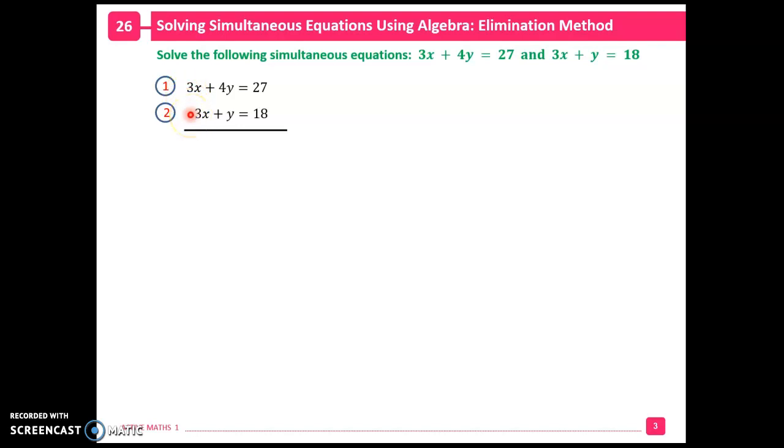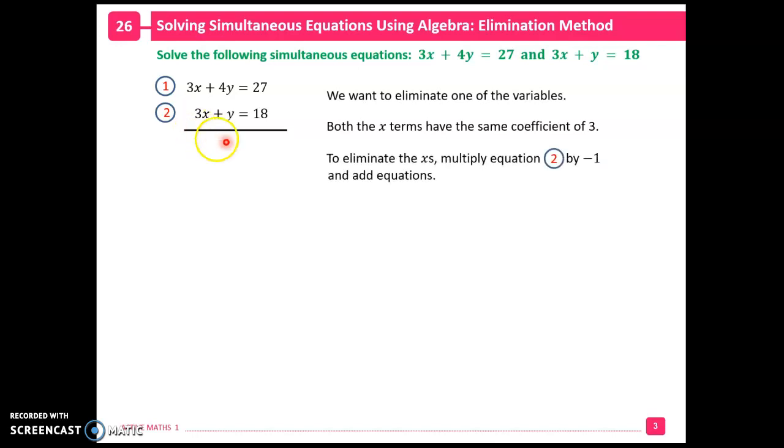So the way to eliminate them is if they match, but they have different signs. If one of them is positive and one of them is negative. So here they're both positive. So the first step we're actually going to do is take that second equation and change that 3 to be a minus 3. So the way we do that is by multiplying this second equation by the number minus 1.